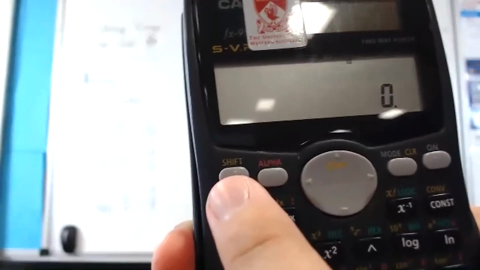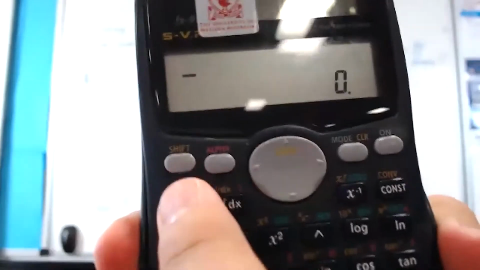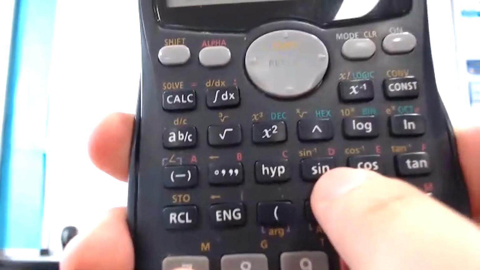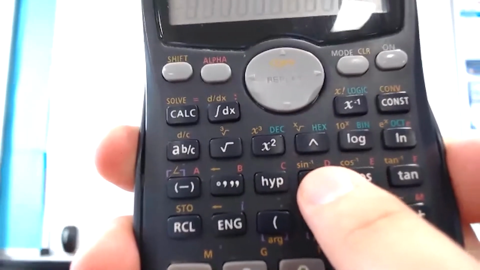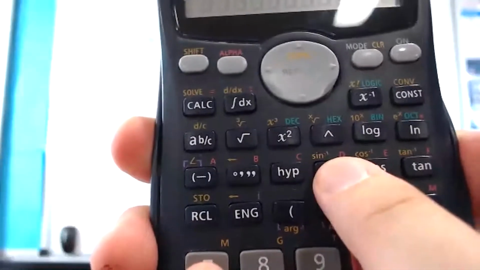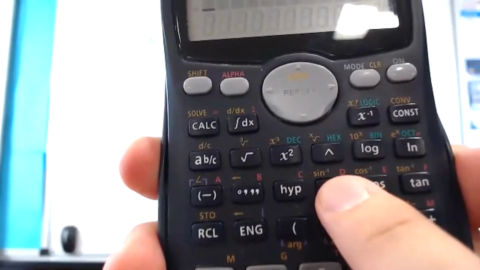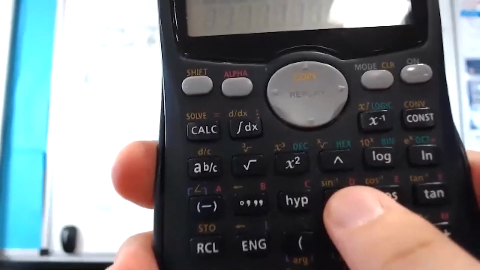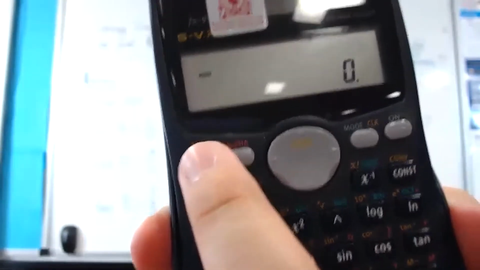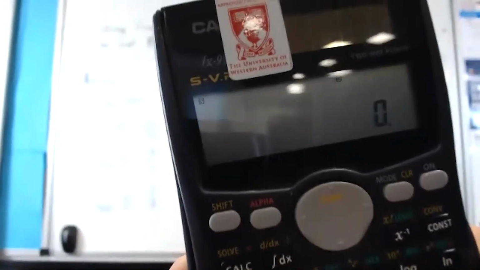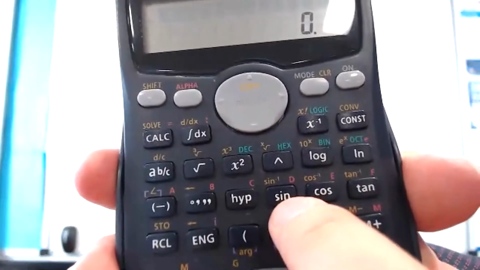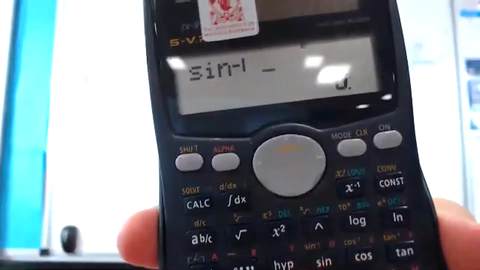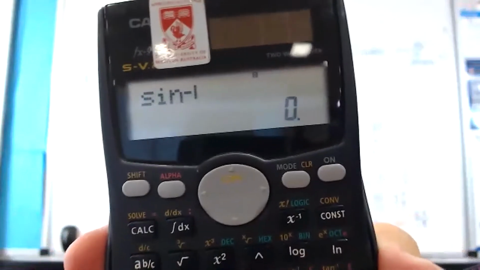So to press arc sine, it depends on what calculator you're using. For me, I can see where's my sine. My sine's right there, isn't it? Can you see arc sine's right there? It's in yellow. So if you're using Casio, you go to the shift button. Press shift and you'll see a little S popped out. Once you've pressed shift, press sine and you get an arc sine or inverse sine.